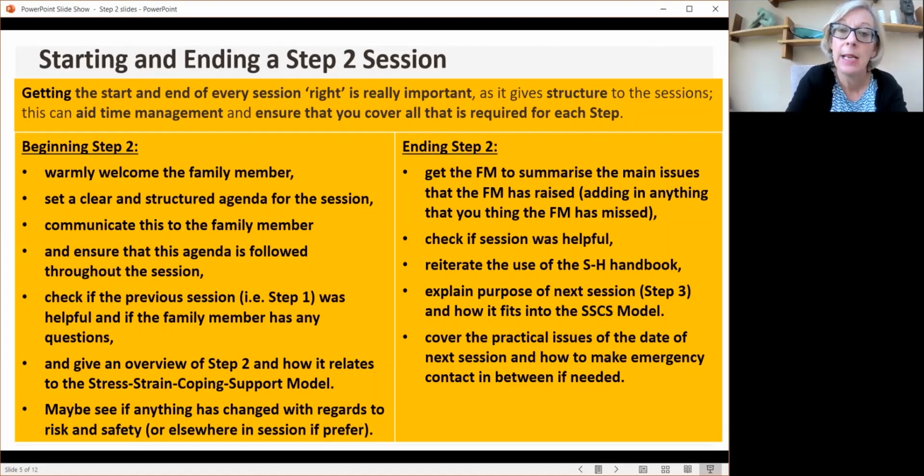And then explain the purpose of the next session, which in this case is step 3 about coping, and how that fits into the model. And then, as ever, there's the practical issues about the date and the time of the next meeting, and if they need to make emergency contact, what to do.